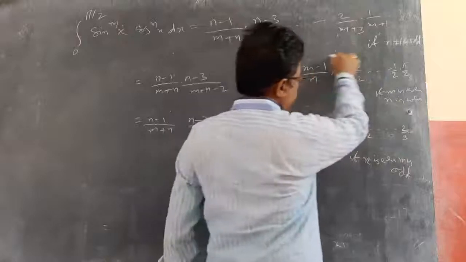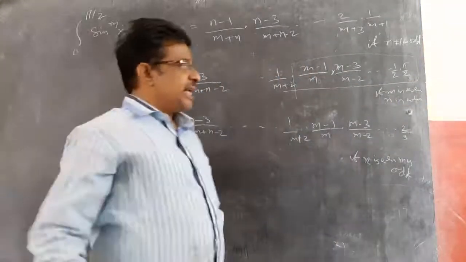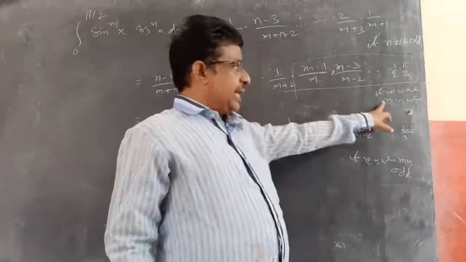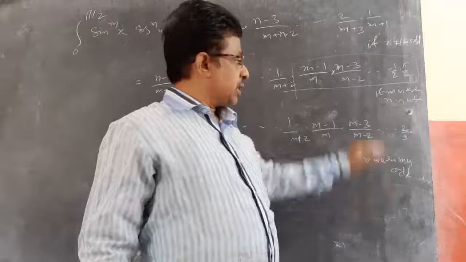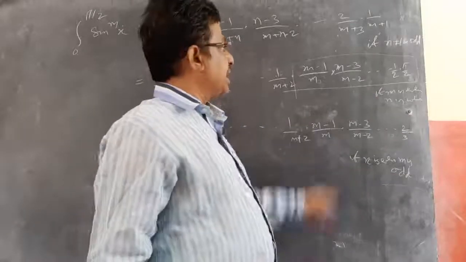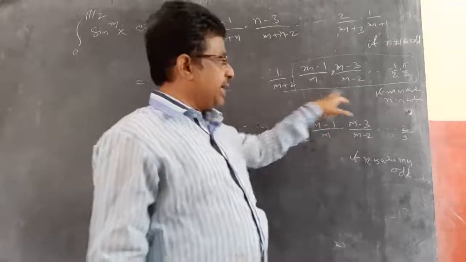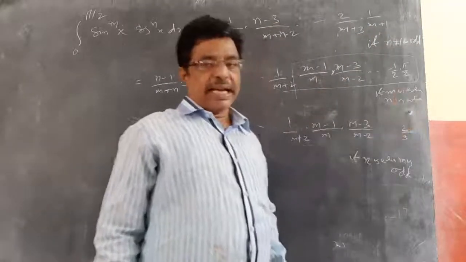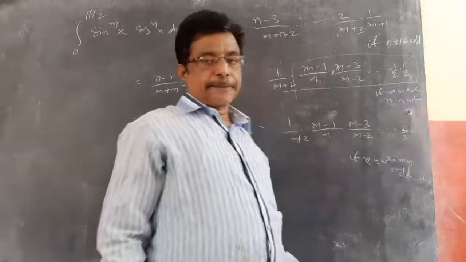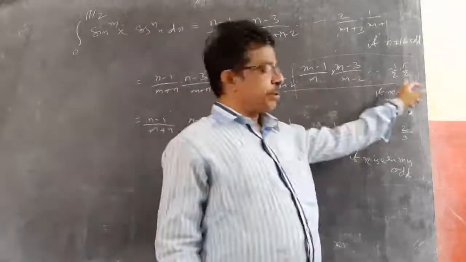After this, if you observe, this is the sine formula. Whenever n is even, forget about m. Whenever n is odd, you stop at 1 by m plus 1. If n is even, then the sine power rule starts, so we will apply the sine power rule.